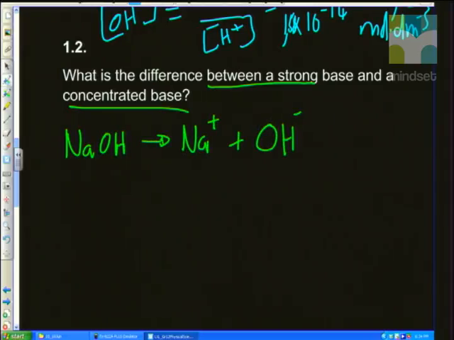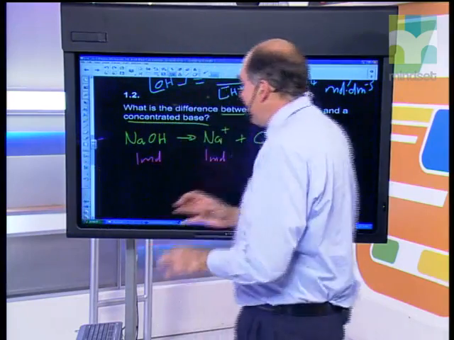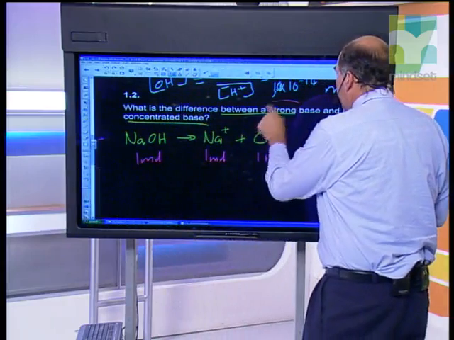For every 1 mole of that stuff, you'll produce 1 mole of this, and 1 mole of that. The ratio is 1 to 1 to 1. There's nothing left over. It ionizes or dissociates completely. Sodium hydroxide is an ionic solid, and all that happens is it separates. So that's what strong means.